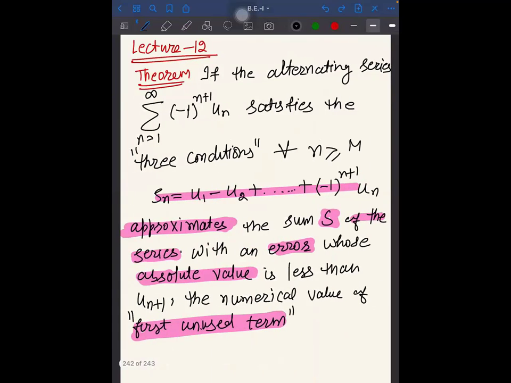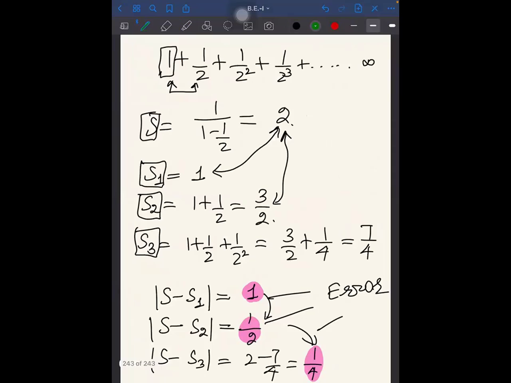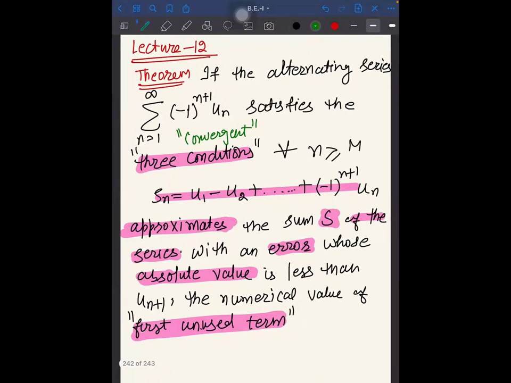So what it says is that if you take an alternating series which satisfies the 3 conditions, it means the series will become convergent, right? So you take a convergent series, which one? Alternating. Okay? Then it says you take Sn, like we took S1, S2, S3 here, and if you know that the actual sum is S, then this wants to say that the error between S and Sn cannot be more than un+1. Which approximates the sum S of the series with an error, how much error? Whose absolute value is less than un+1. Less than what? un+1.